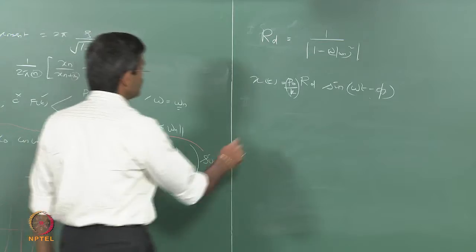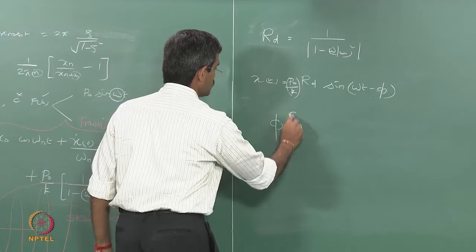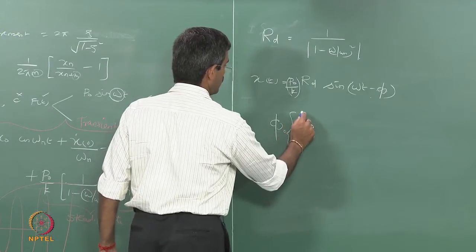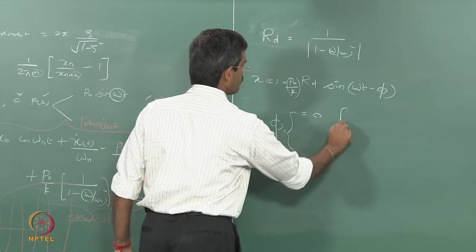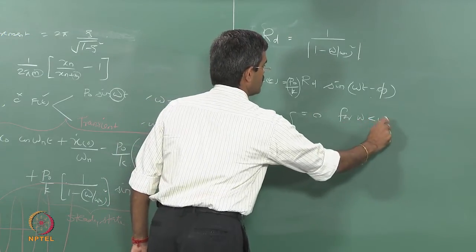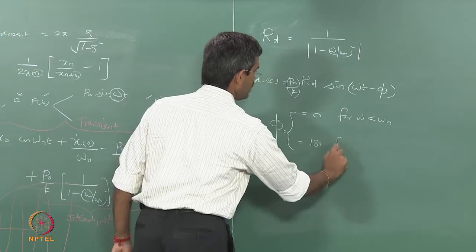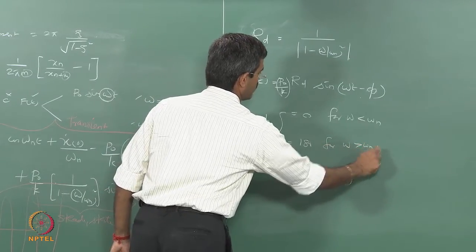And we said this phi value has two values. One will be 0 for omega less than omega n, and 180 for omega greater than omega n.